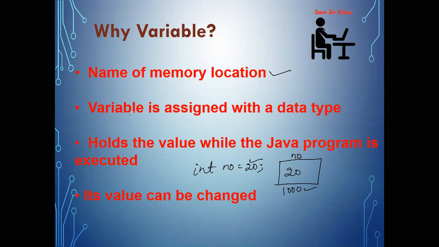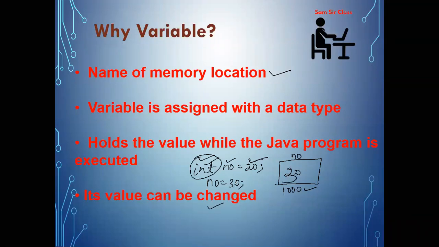Second, a variable is assigned with a data type. Obviously, you cannot declare a variable without a data type. Third, it holds a value. If you are not providing the value, then the JVM will automatically provide a default value as per the data type. And the last point, if you want, you can change the value of the variable, so this 20 will be modified to 30.